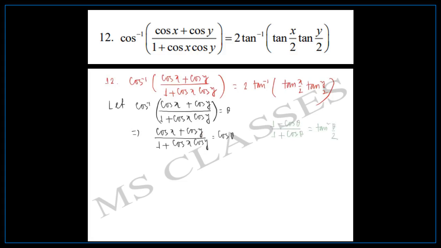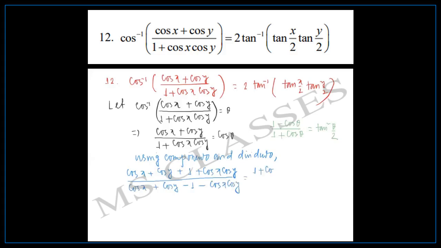So here we apply componendo and dividendo. Using componendo and dividendo, we get cos x plus cos y plus 1 plus cos x cos y, whole divided by cos x plus cos y minus 1 minus cos x cos y, equal to 1 plus cos theta by cos theta minus 1.